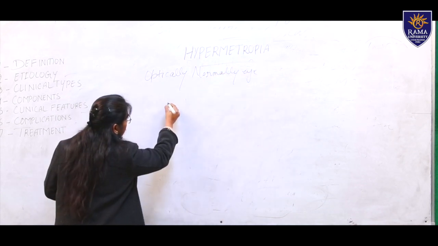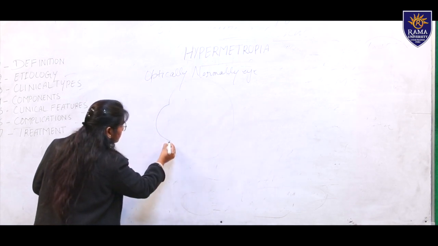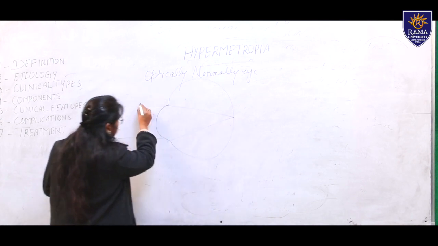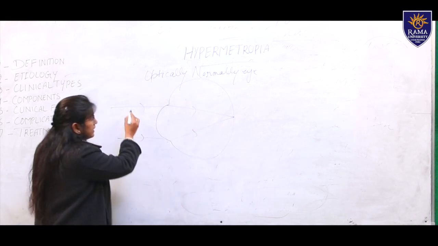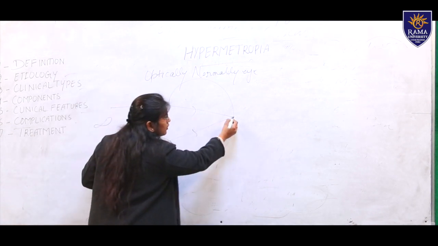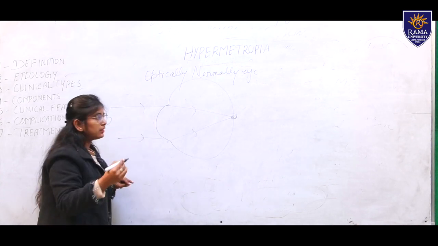Optically normal eye, emmetropia. In this diagram, parallel rays of light coming from infinity are focused on the retina. This is emmetropia, an optically normal eye.